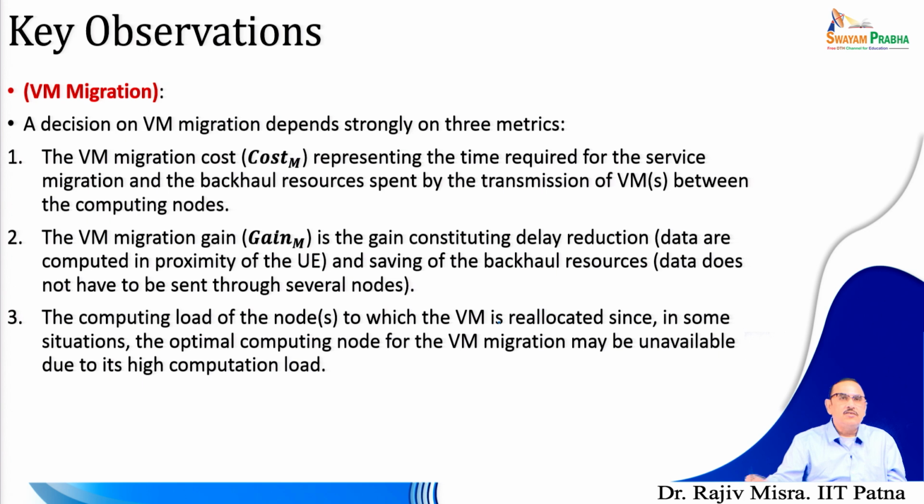We have now understood that with low mobility, it is through the power control we can avoid the handover, but if power control is not sufficient, then VM migration has to happen.